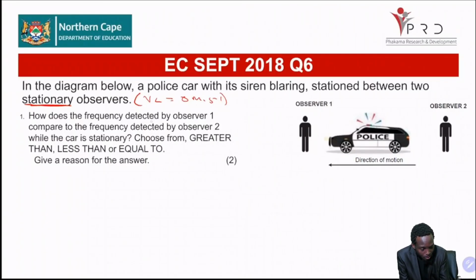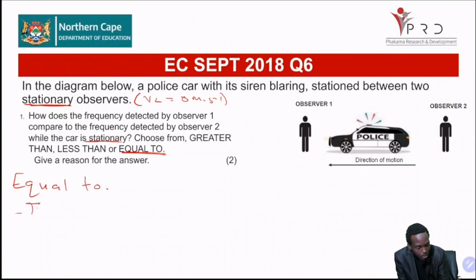How does the frequency detected by observer 1 compare to the frequency detected by observer 2 while the car is stationary? Choose from greater than, less than, or equal to. Now, if there's no relative motion between this car and the observers, then the frequency detected must be equal to. So our answer for this question is going to be the frequency is equal to.